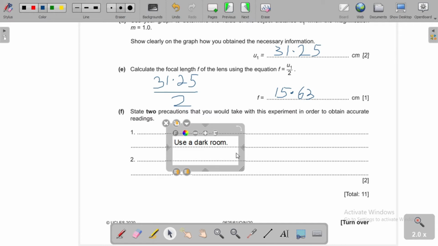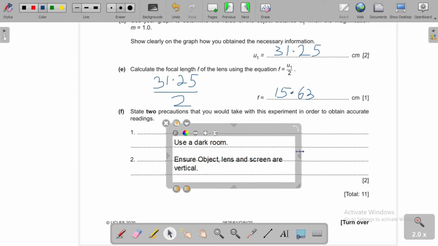Ensure object, lens, and screen are vertical. Ensure that your object, your lens, and your screen are in vertical positions. Sorry, let me change this object to small letter instead of capital letter.